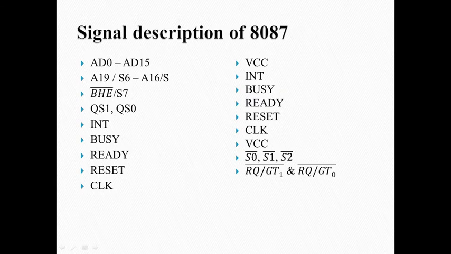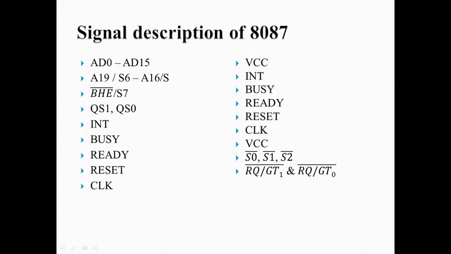Ready is an input signal used to inform the coprocessor whether the bus is ready to receive data or not. Next, reset. It is an input signal used to reject the internal activities of the coprocessor and prepare it for further execution whenever required by the CPU.